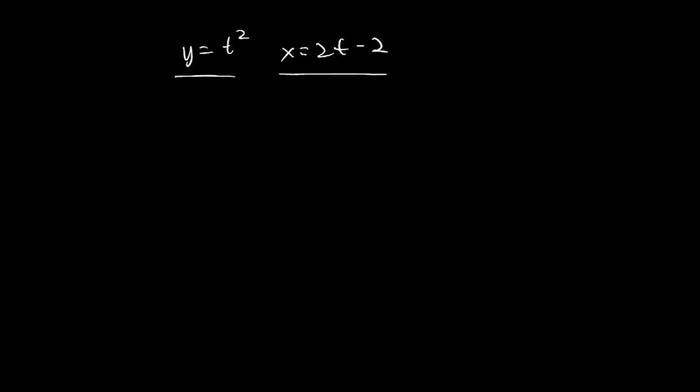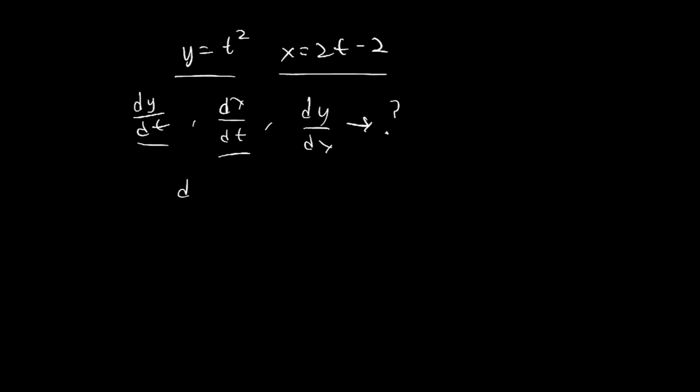Okay, so now the question I have is, what is dy/dt, dx/dt, and dy/dx? How do we find these three? Well, you might be surprised at how easy this is, because dy/dt and dx/dt are found by straight up taking the derivatives of each of these respective equations.